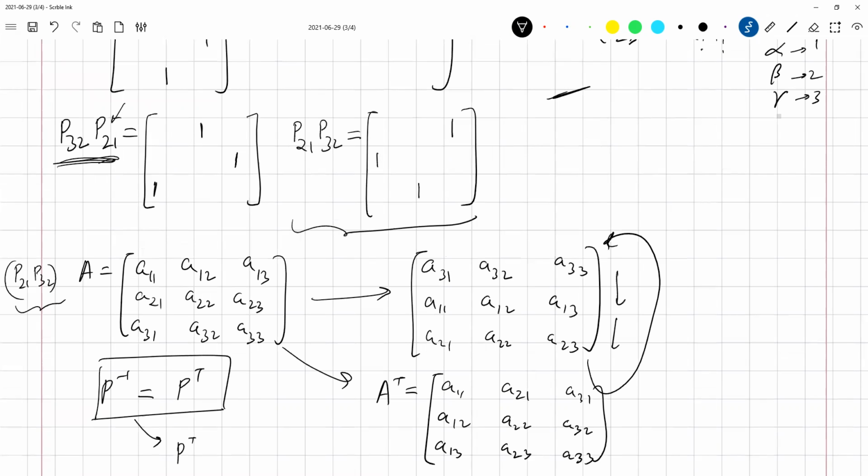Sir, for example, if rows 2 and 1 are exchanged, that is P21. Then if we need to find its inverse, will it be P21 transpose? Yeah, that's what I'm saying. So in the previous question, we did P21, then P32, and so on.